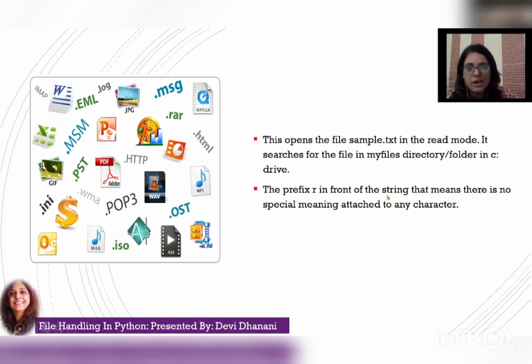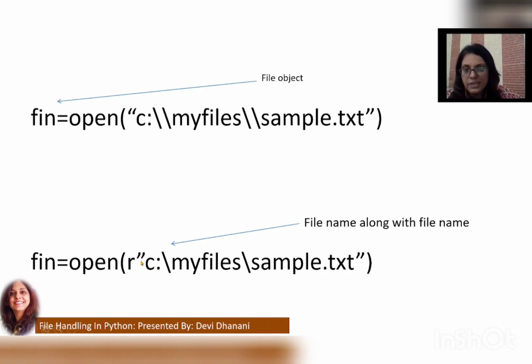The prefix R in front of the string means that there is no special meaning attached to any character. So a slash generally precedes a literal like \n. But if I write R in front of it, it specifies that there is no special meaning attached to \m or \s. Take it as a path only.